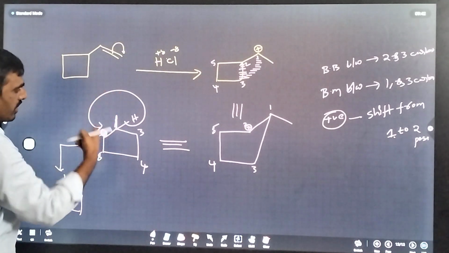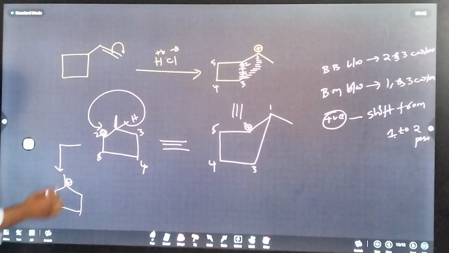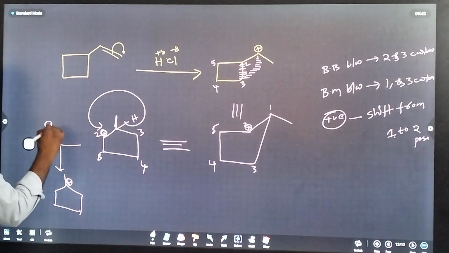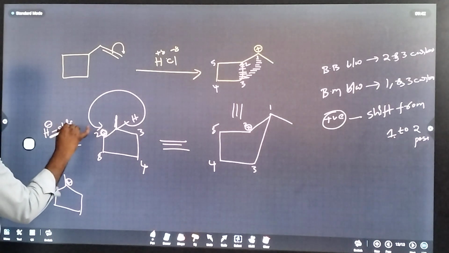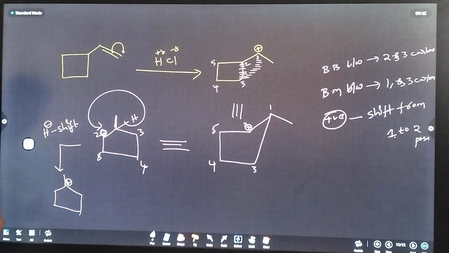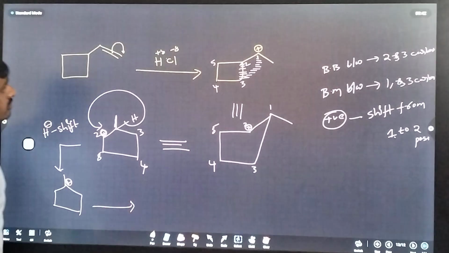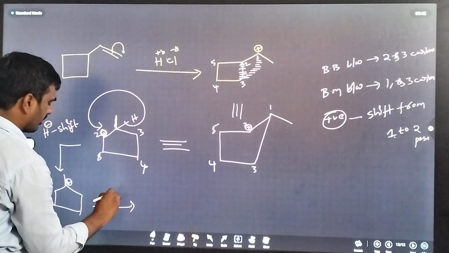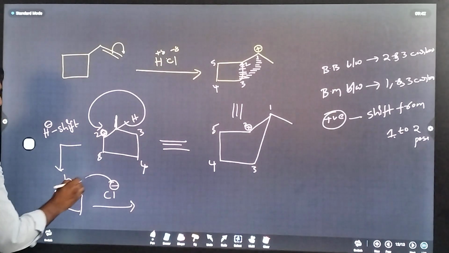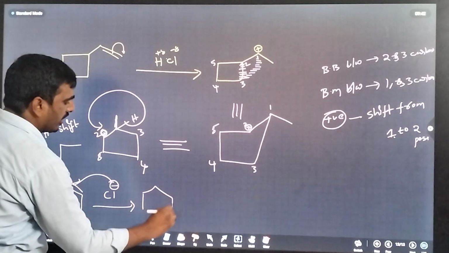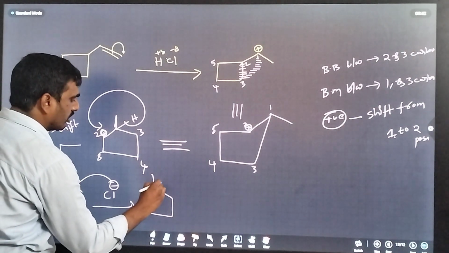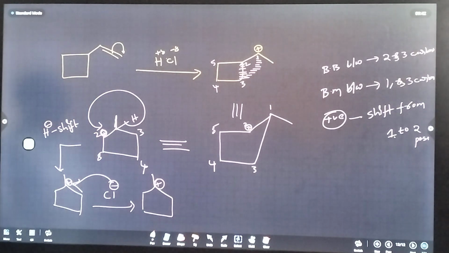Then Cl minus is there, and this Cl minus attacks here. So we get this product.